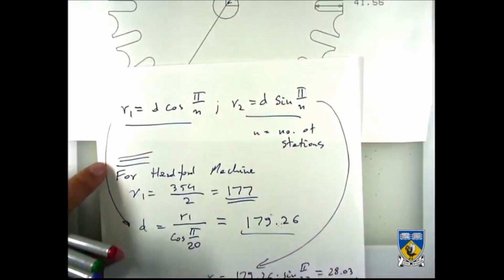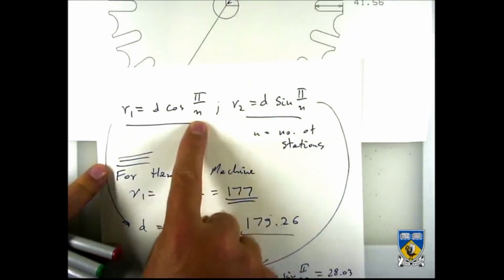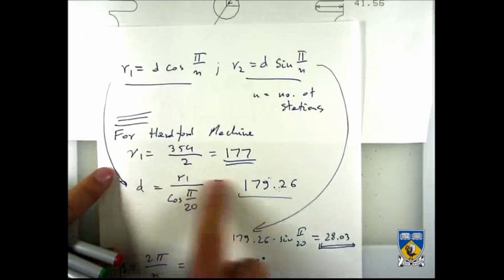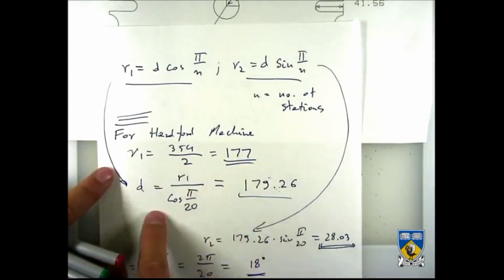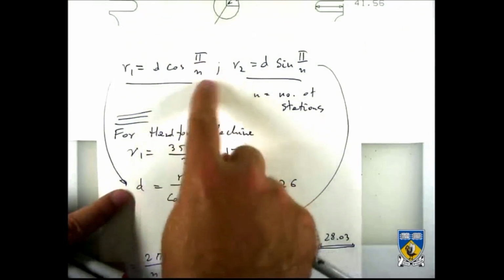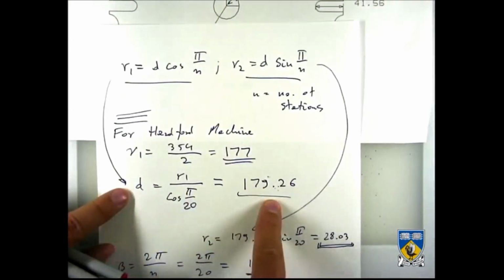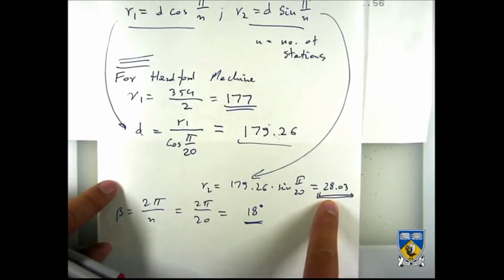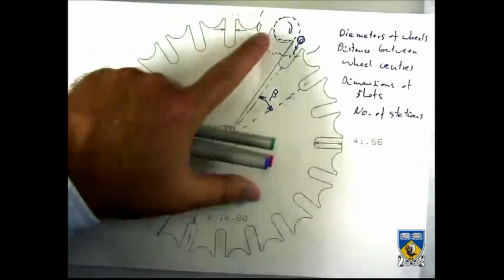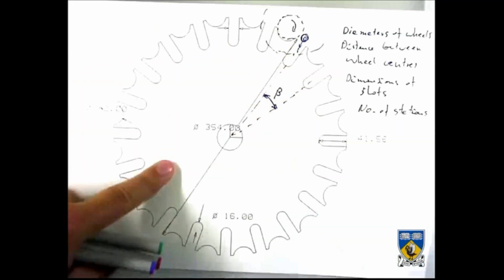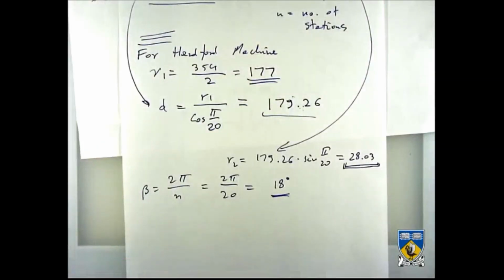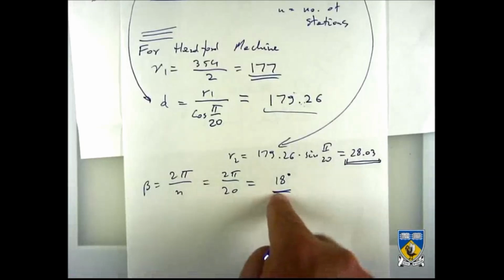R1 is D cosine pi over N, R2 is D sine pi over N, number of stations is 20, so R1 is 177, D is R1 divided by this, which is 179, and R2 is a small one, only 28, as actually predicted by this picture. Small driving wheel, big driven wheel. And if one wants to know the angle beta, 2 pi over N is 18 degrees.